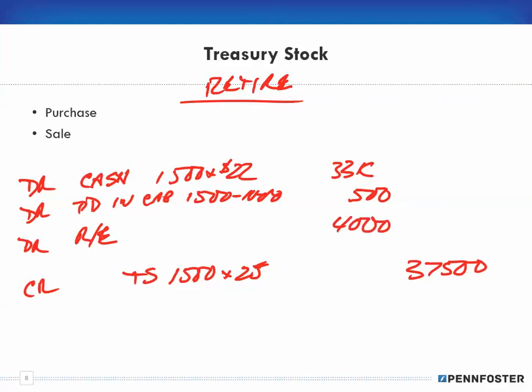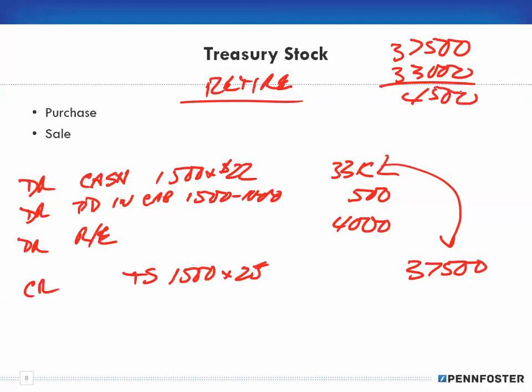Now, what is it that we did here? What we did was we said, okay, the difference between our cost and the selling price is $37,500 less $33,000, or $4,500, right?